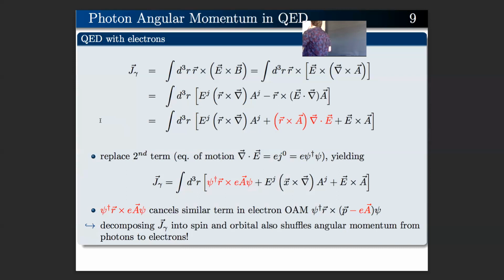What I've done is I've not only decomposed the photon's angular momentum into an orbital and a spin part, but I've also generated a term which cancels part of the quark orbital angular momentum. So in some sense, I've shuffled angular momentum from the photons to the quarks.